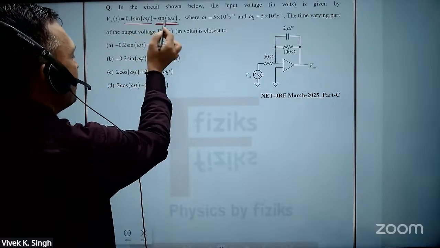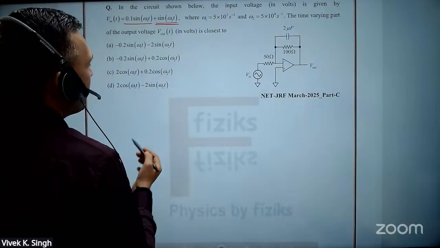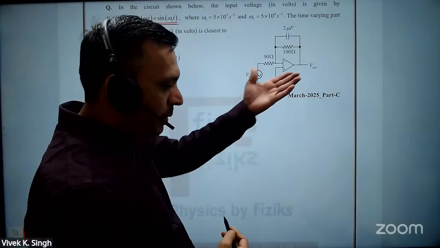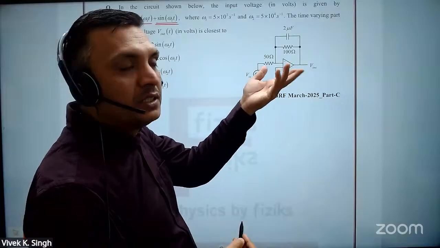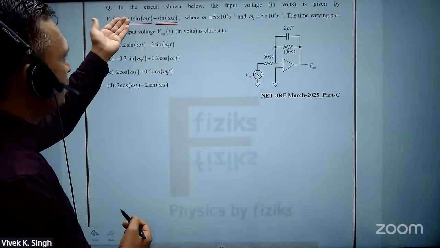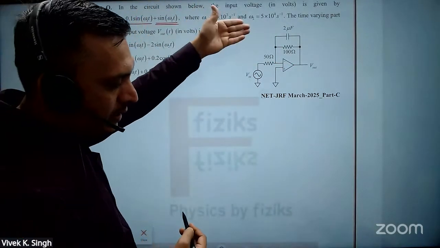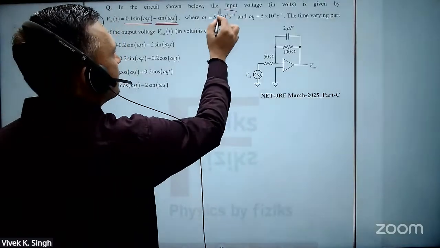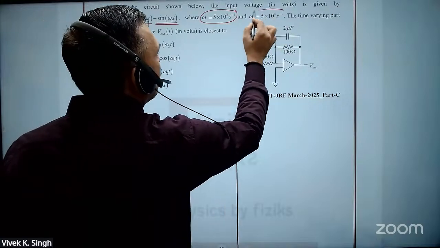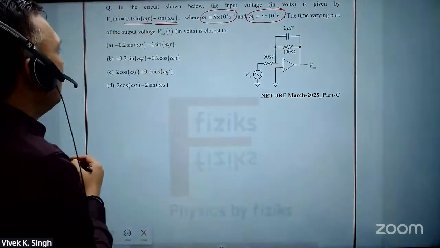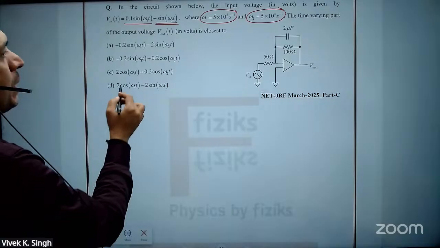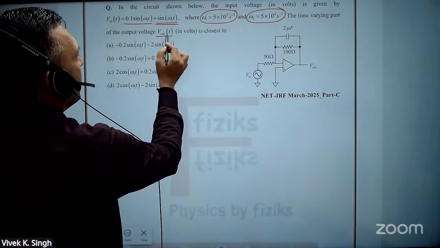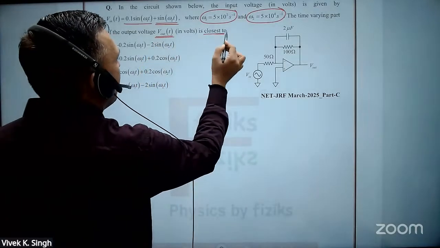So two different frequencies are there. When you have to find the output, you can use superposition. You can find the output due to each individual source, where omega 1 is this value and omega 2 is this value. They have asked for the time varying part of the output voltage, closest to.